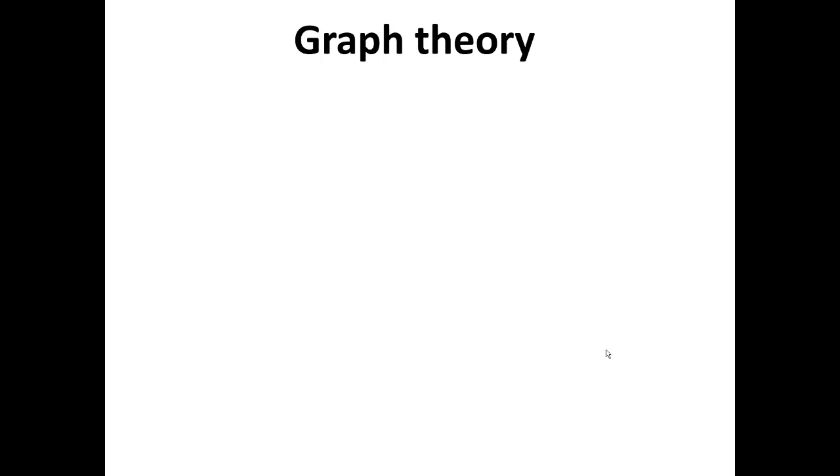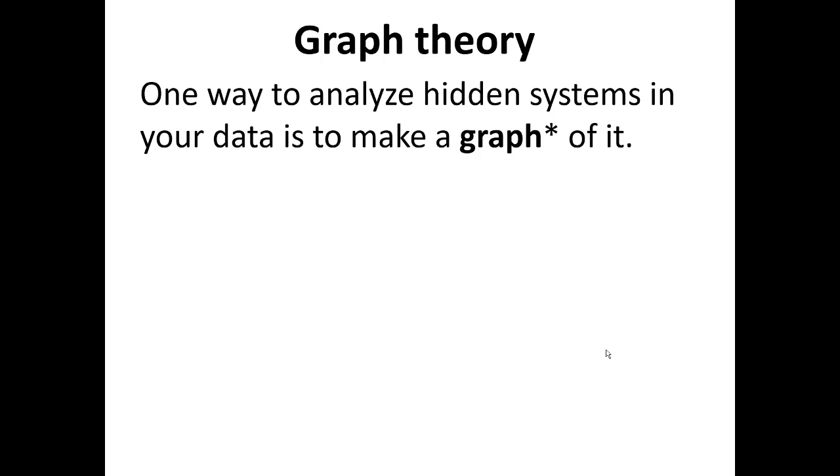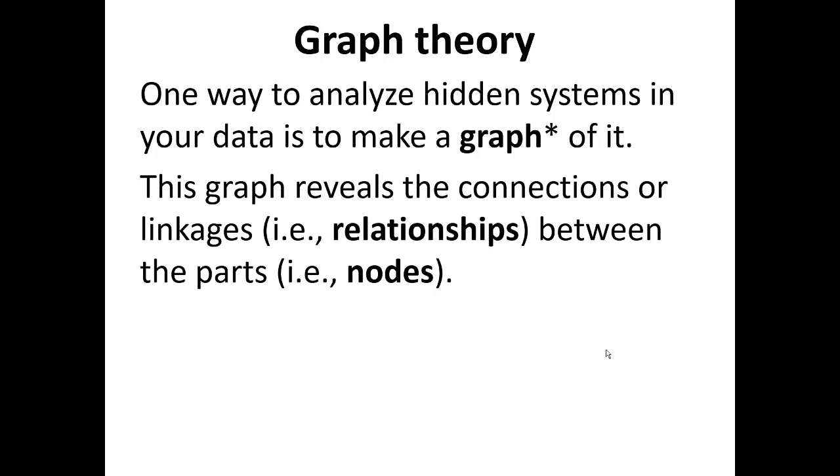The way we're going to do that is make use of something called graph theory, or at least components of graph theory. One way that you can analyze hidden systems in your data is to make a graph of it. But graph, you'll notice here, has an asterisk next to it, because graph has a particular meaning in this case.